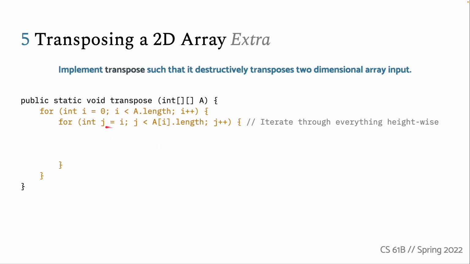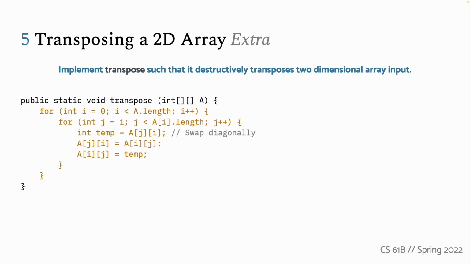But we are starting at j equals i, and then we're going until j is less than A dot length. So what that means is that we're actually just iterating through the top right corner of this 2D array. Not necessarily the whole thing. We're looking at the triangle that is the sort of top right half.